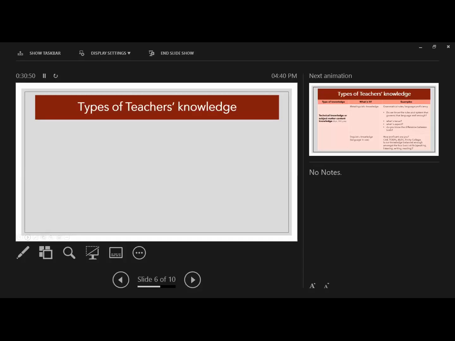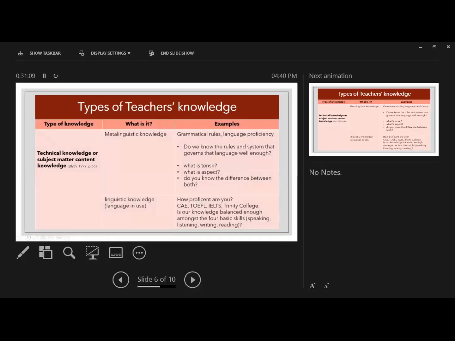So types of teachers' knowledge can vary, and they go in a different array. Well, they have the word array, in a different array of types, right? They are classified according to their nature. And that's our focus today, right? We have first, in the first place, Bliss.